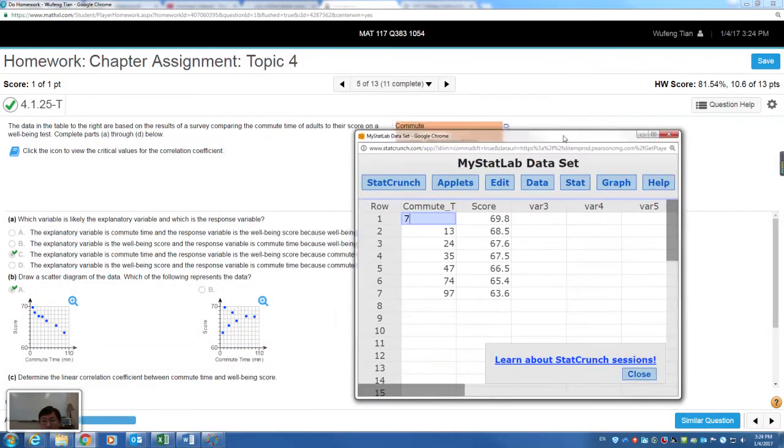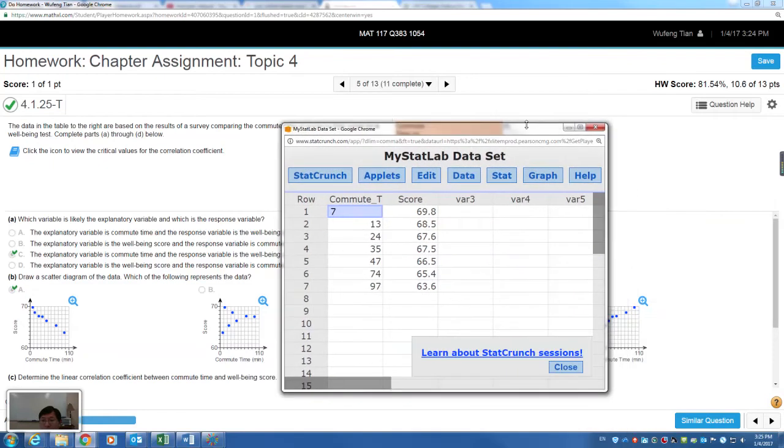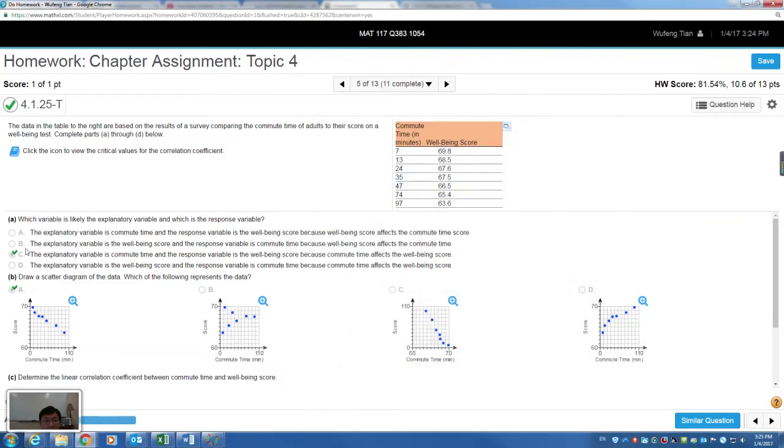According to common sense, we can tell that the explanatory variable, which is x, determines the y value. The well-being score will depend on the commute time, which means commute time will affect the well-being score. So the explanatory variable is commute time, which is the x value, and the y value is the corresponding well-being score. Okay, so it's C.